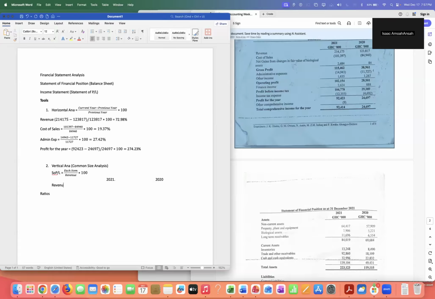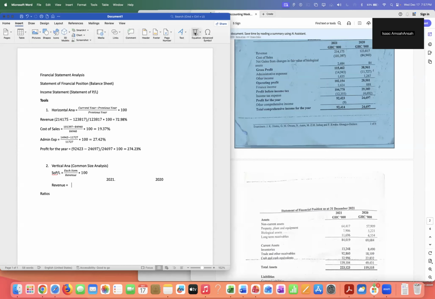So revenue is equal to, what is the revenue figure for 2021? Isaac, just use it. Revenue for 2021. Go ahead. You want to mention it? 214, 175. Okay.